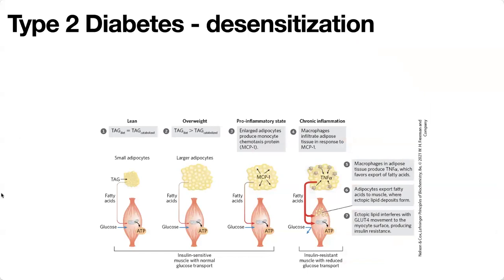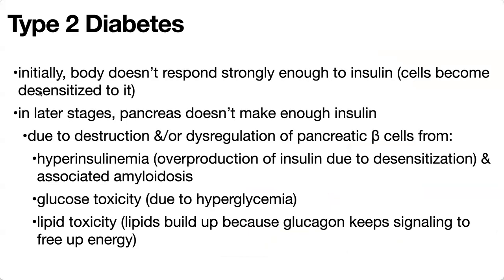When you have this desensitization, remember that you're going to be sending out a lot of insulin, and you're going to have high blood sugar as well as high lipid levels, because with that glucagon signaling, your cells are going to be sending out lipids, and those lipids are then going to be causing further issues. All of this can cause this destruction or dysregulation of your pancreatic beta cells.